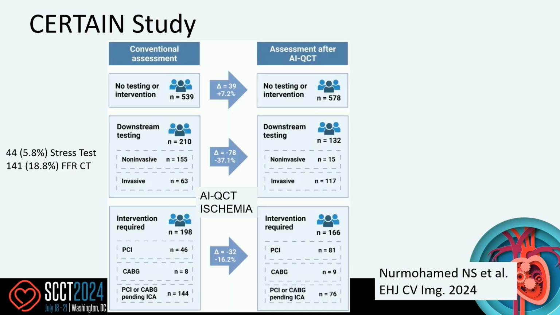They also asked what you would do, and as you can see, you would do 37% less testing, and you better assign patients to those who need PCI or CABG or not.